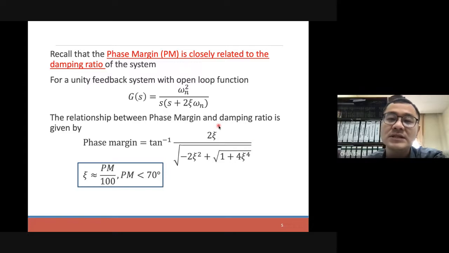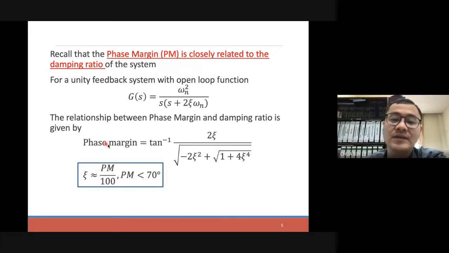So meaning to say, if from your design requirement you can translate into the desirable damping ratio, then you can get the phase margin that you would like to have adjusted.